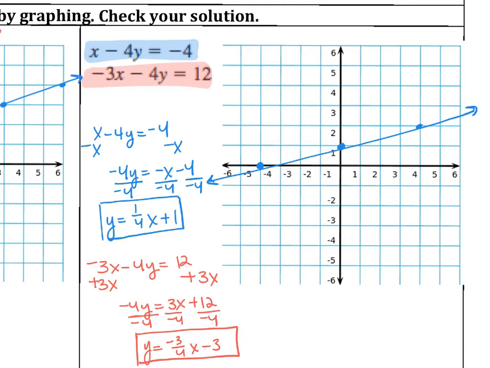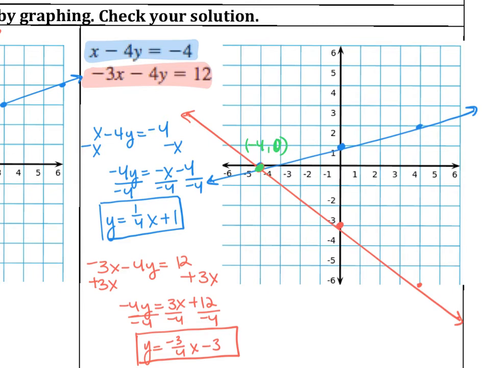My red line, I have a y-intercept of negative 3 and a slope of down 3, right 4, but I can also go up 3, left 4, and I can already see where my intersection point is. Connect as accurately as possible. And my solution is right here at negative 4, 0.